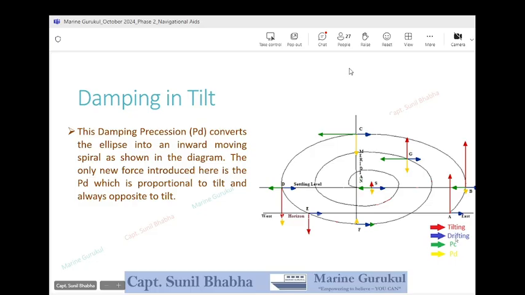And we know that the damping precession is proportional to tilt and it is always opposite to the direction in which it is tilted. If the spin axis is tilted upwards, the damping precession is down. And if the spin axis is tilted downwards, the damping precession is up.